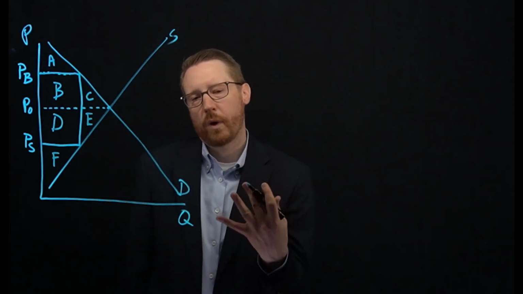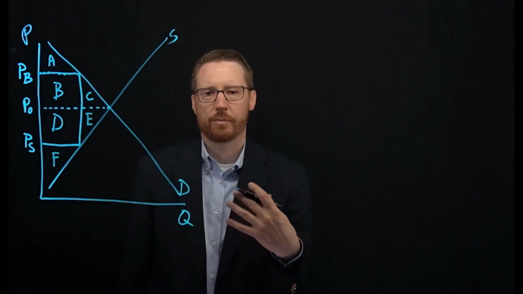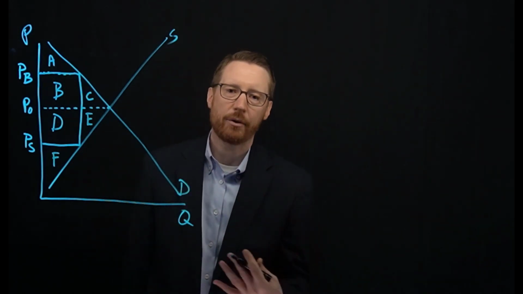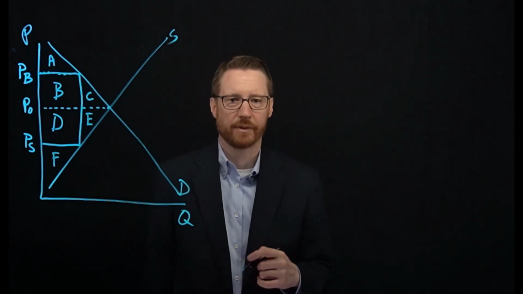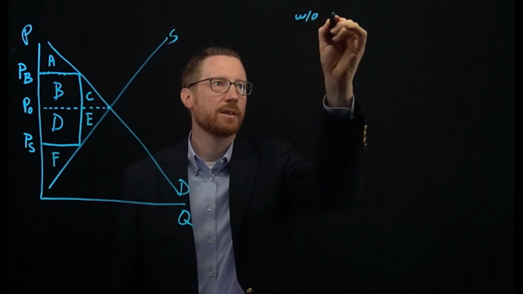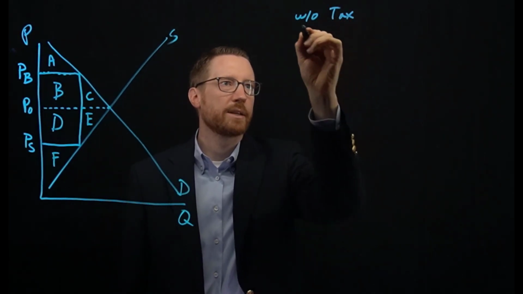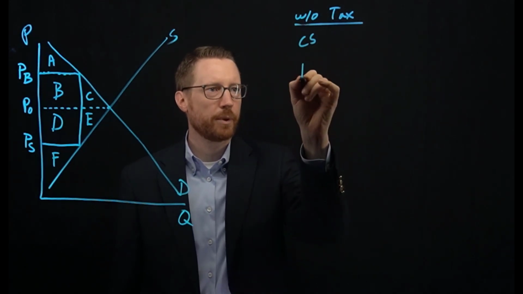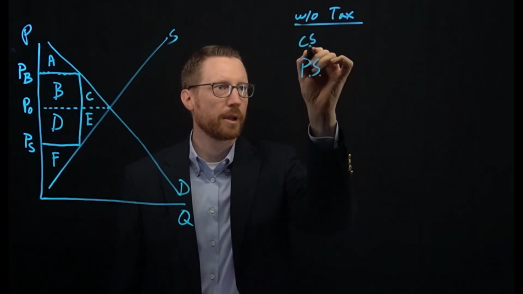So where do we see consumer surplus and producer surplus with a tax, without a tax? Let's try and make sense of this. So let's start without the tax. Right? So without the tax, we need to know consumer surplus and producer surplus.